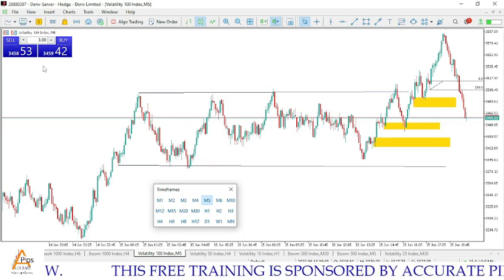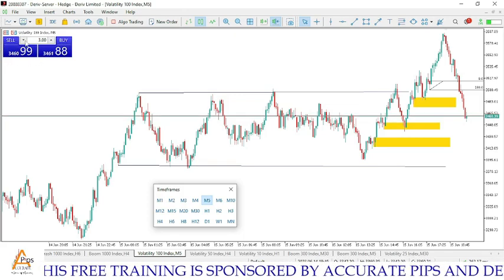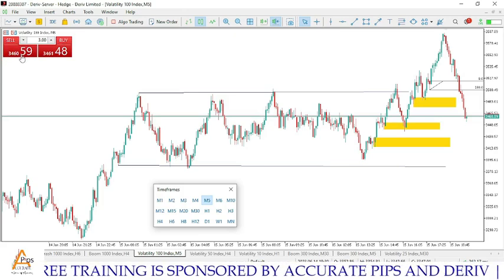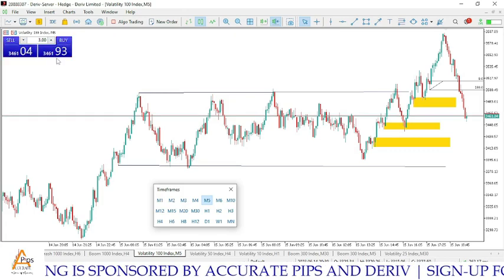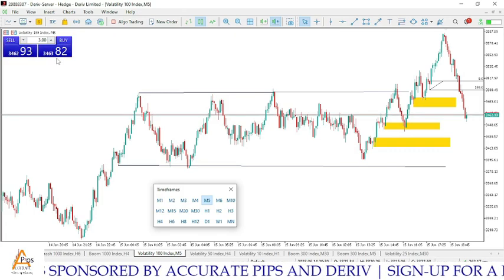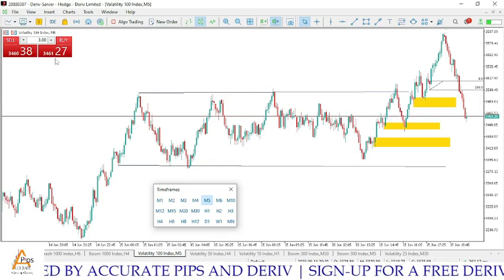And instead of you buying at the bid price, you will be selling to them at the bid price, which is this, the first button on the left. That is the bid price, and this is the ask price. Instead of buying here, you are buying here at a higher price.